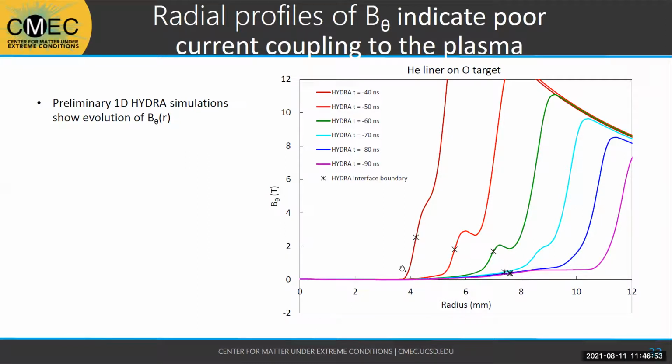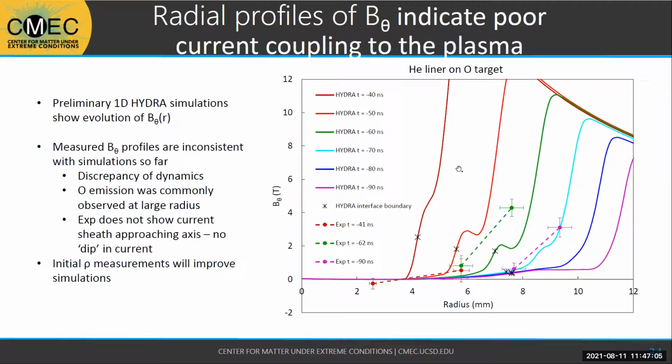Everything left of these stars, at least in the simulation, is oxygen, and everything to the right of it is helium. So this is to compare with those types of shots. I just plotted a few to make it easier to read the radial profiles of B theta in this liner on target configuration.